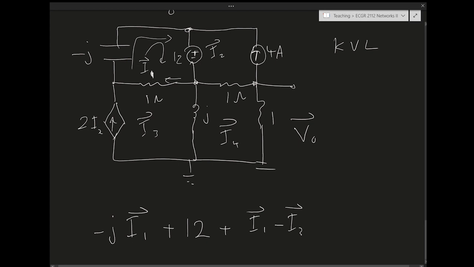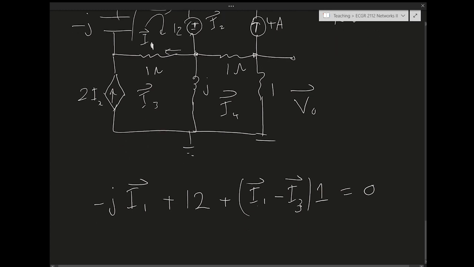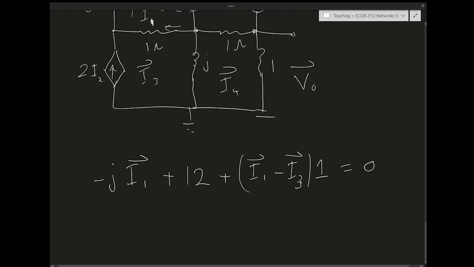Because we are going clockwise, it will be I1 minus I3 times 1, equals 0. That allows me to write the first mesh equation, which is 1 minus j I1 minus I3 equals minus 12.